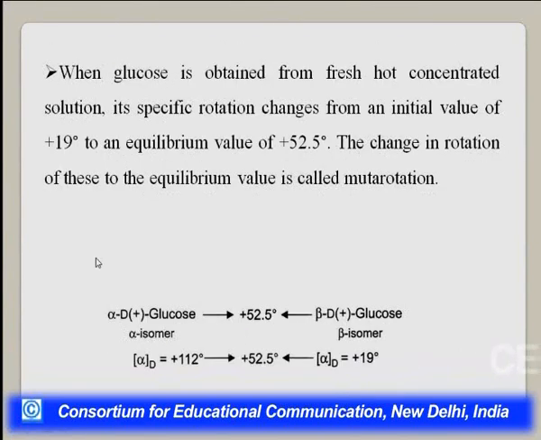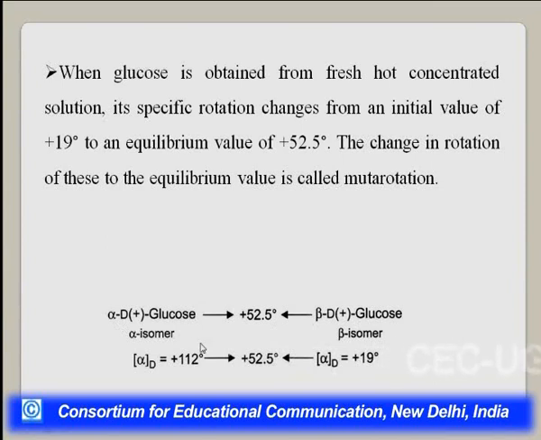When glucose is obtained from a fresh hot concentrated solution, its specific rotation changes from an initial value of plus 19 to an equilibrium value of 52.5, and this change in rotation to the equilibrium value is called mutarotation. So here is a process which happens with glucose that is responsible for these different kinds of reactions.